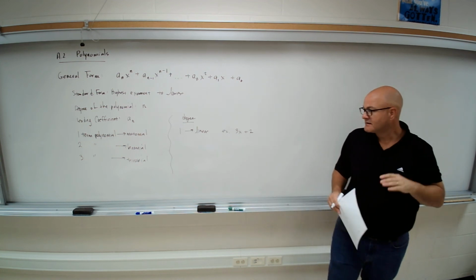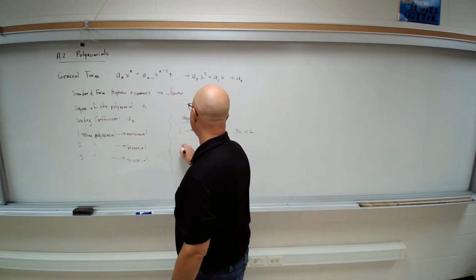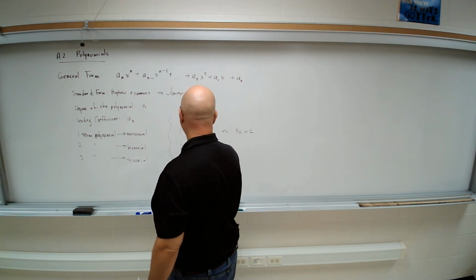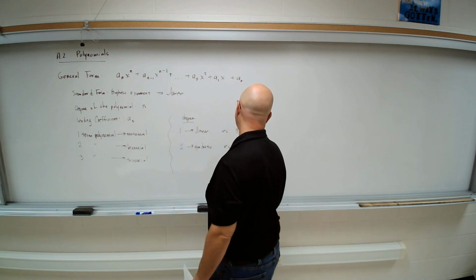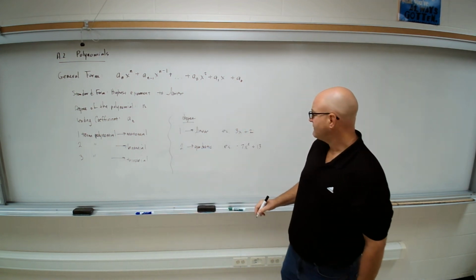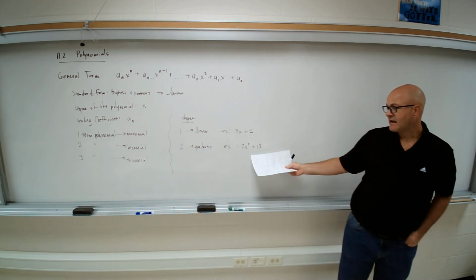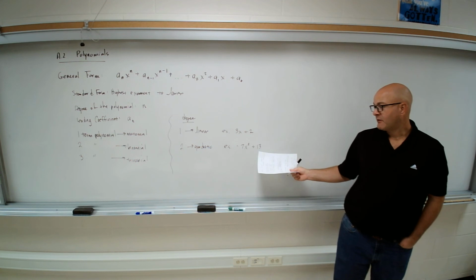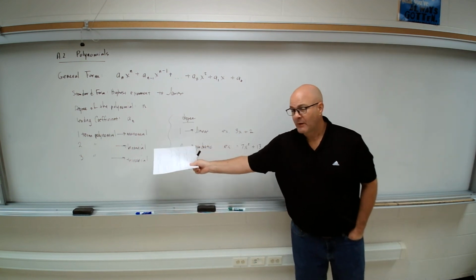Those kinds of things. If it's degree 2, we have a quadratic. So for example, if you had negative 7x squared plus 13, right? Now this is a quadratic because its biggest degree is 2. There are 2 terms, so it's also a binomial.